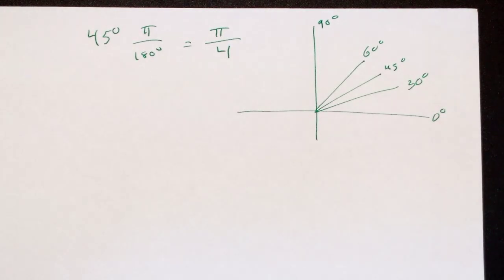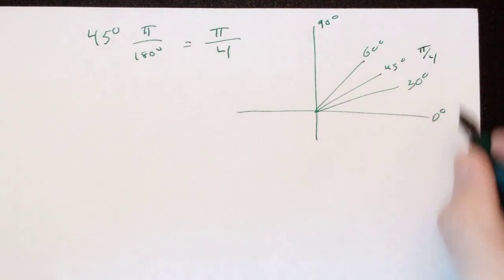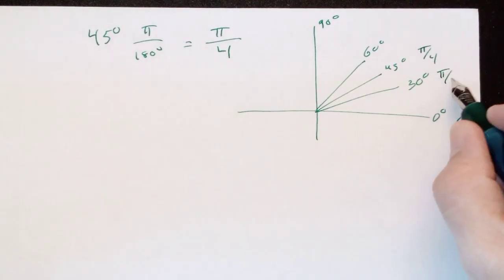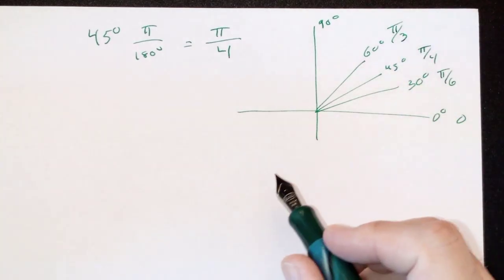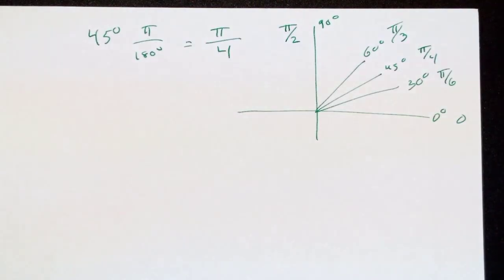And those are, well, we already did 45 degrees. That's pi over 4. 0 is just going to be 0. What about the rest of them? Because it's half of 180, right? 180 would be a whole pi. So pi over 2 is 90 degrees.